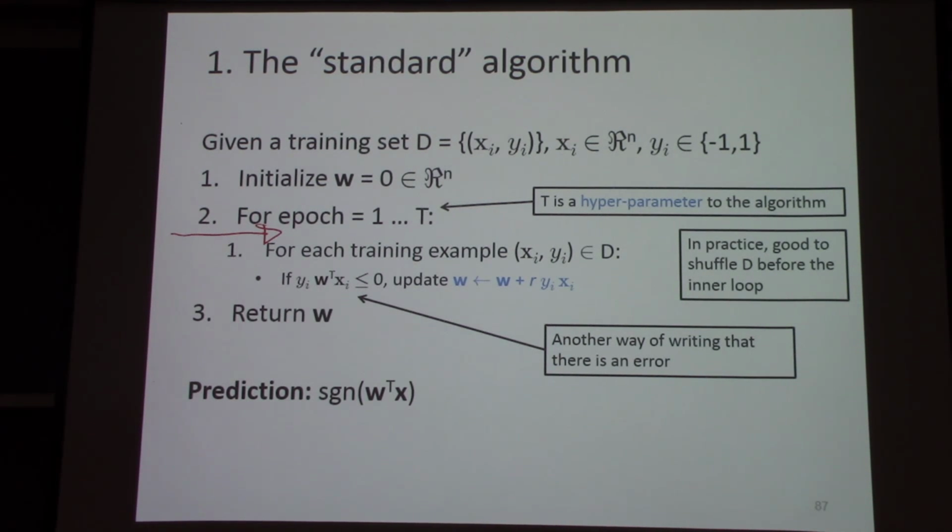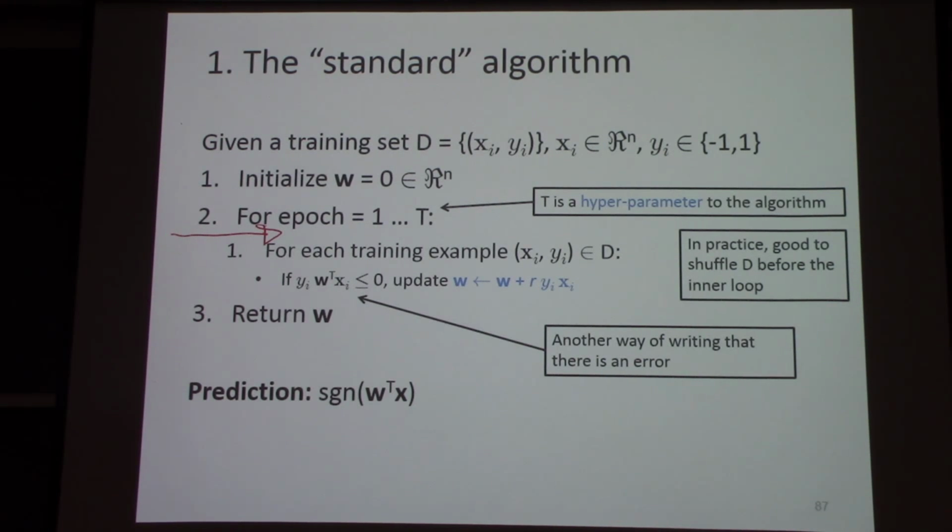The other thing is, let's say you make a mistake, you update, and it just so happens that after the update you predict this example correctly. Then you see another example, and that ruins the first one. So you want to keep going back so that it settles into some average good behavior.